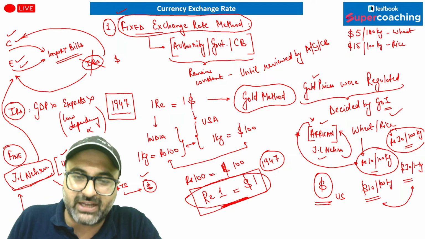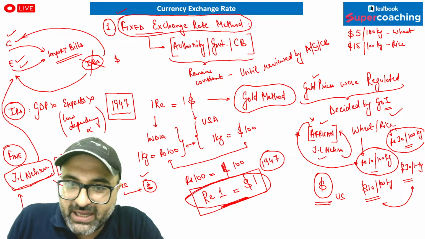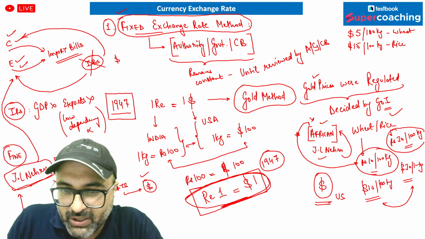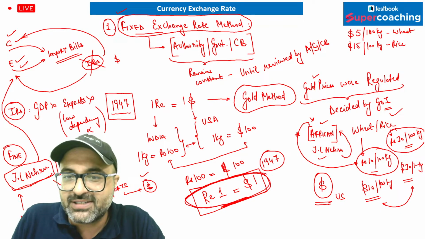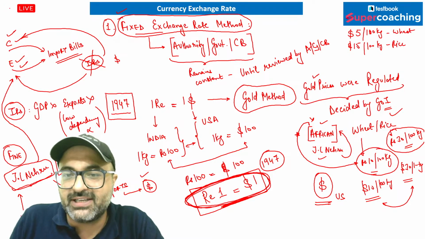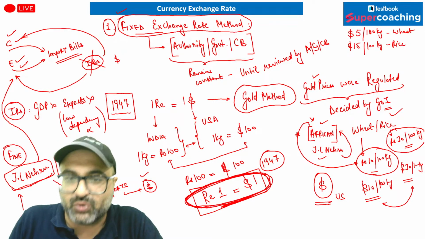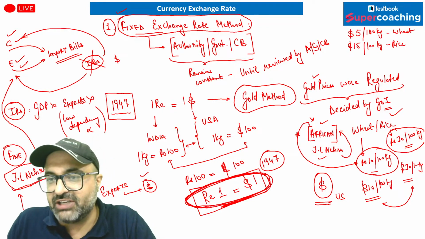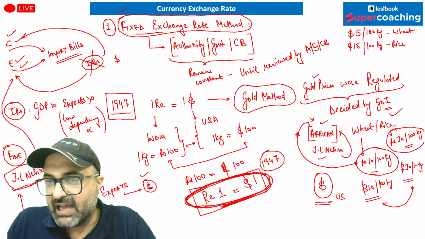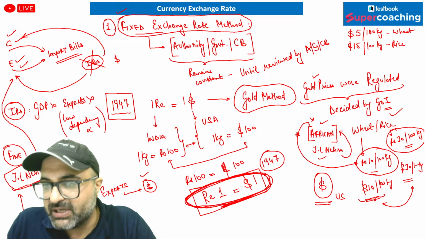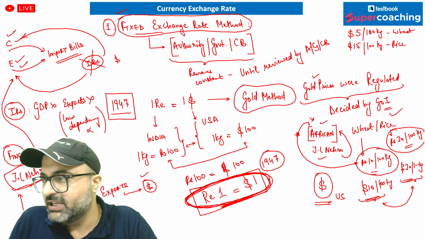What mistake have we made? We have equated our currency to the world's most demanded currency, that is the US dollar, and in order to achieve huge exports, our goods should be cheaper in the market.